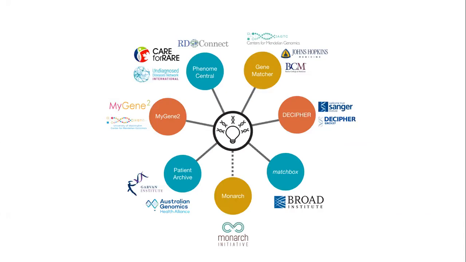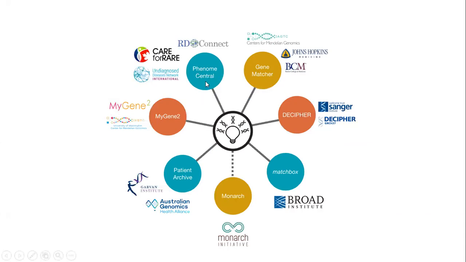Question could be asked, how do you get to the point of taking an N of 1 and expanding it to a larger number? And we're dealing very often with obscure disorders. And this is a diagram of what's called Matchmaker Exchange. It is a variety of different databases. One that's commonly used is GeneMatcher.